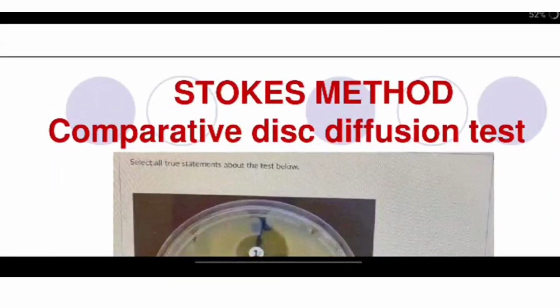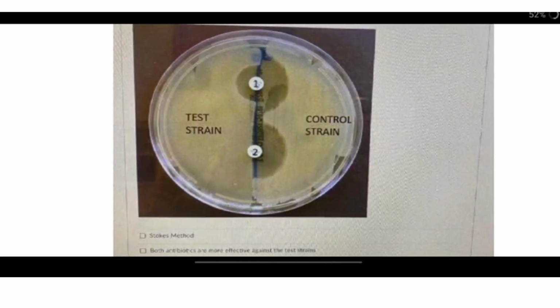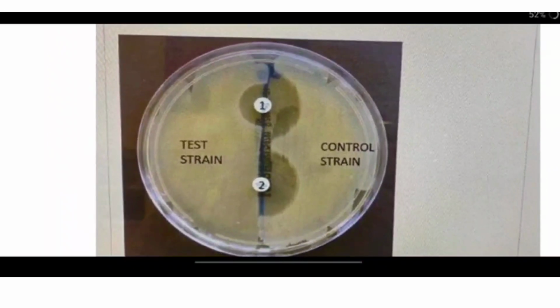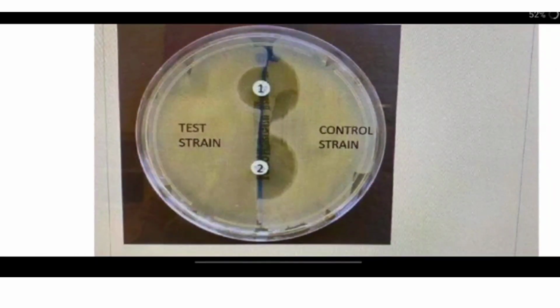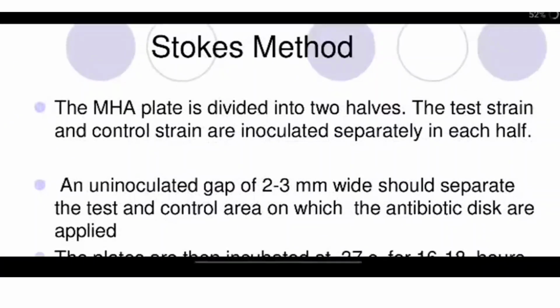Okay. So the Stokes method is also called the comparative disc diffusion test. In the Stokes method, what will we do? We place the test strain on one side of the plate, and on the second side of the plate we place the control strain, and in between there is a gap. The MHA plate is divided into two halves.